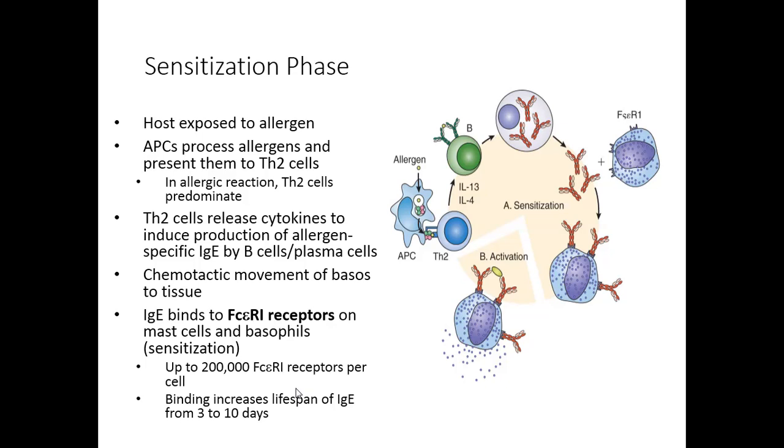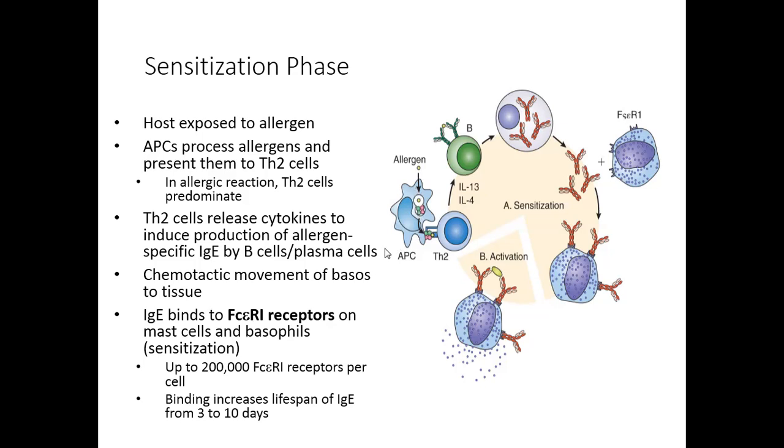So in the sensitization phase, once the host is initially exposed to an allergen, the antigen-presenting cells, just like we learned way back when, bring the allergen into the antigen-presenting cell where it gets processed into small little peptides.